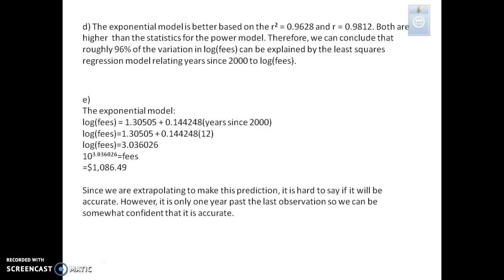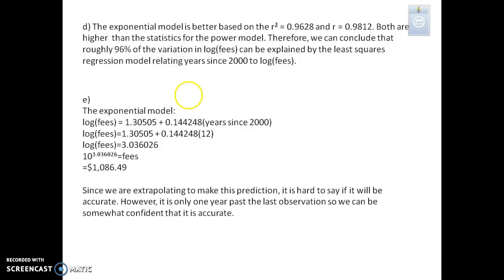Okay, so here's our exponential model, and I wrote it all out. I just want you to understand how you're going to actually make predictions. You write your model out just like you always do. Here I have the year since 2000, and that will be my input.